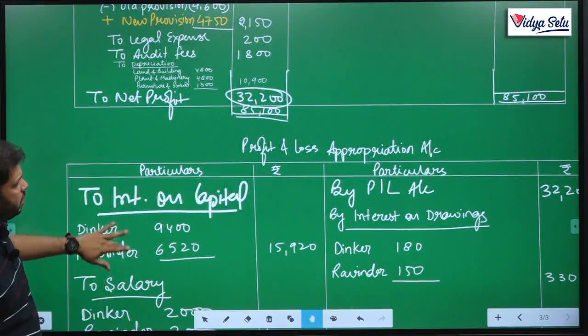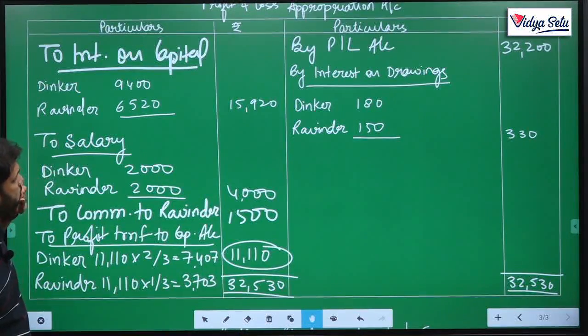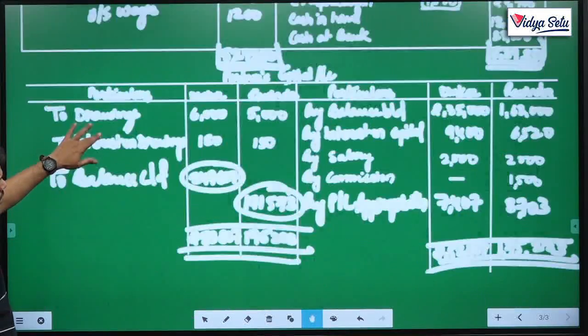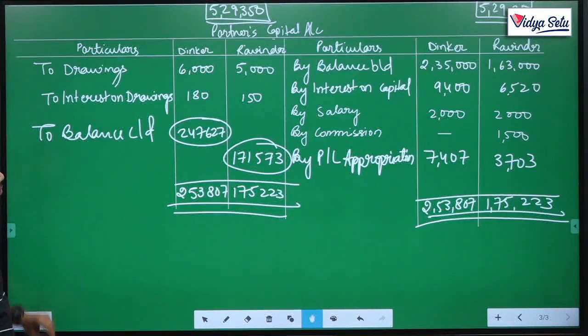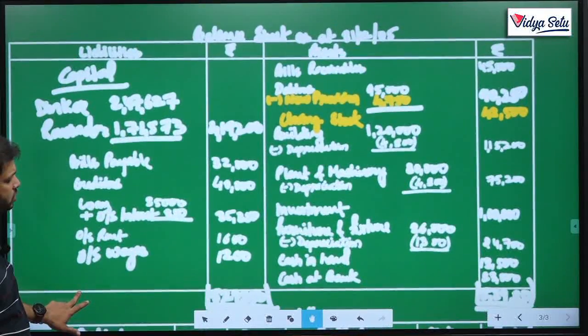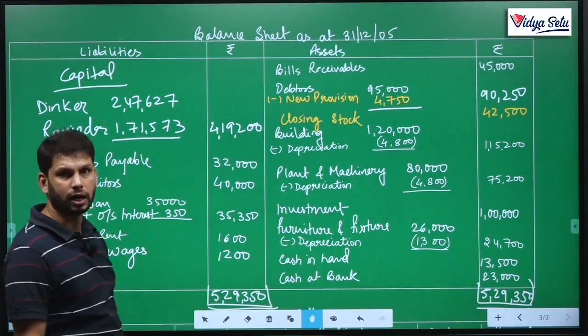Then we have our P&L appropriation account. Then we have our partners' capital accounts. And the last thing that we have is our balance sheet. And the question is done. Thank you.